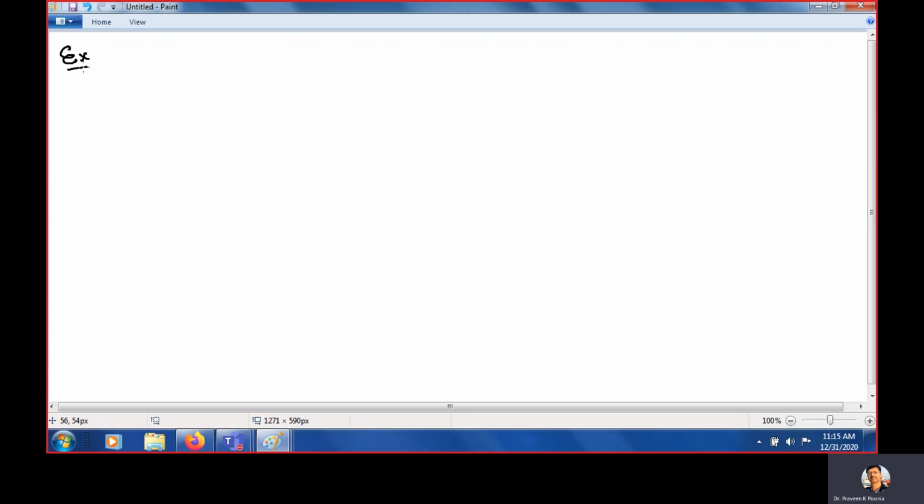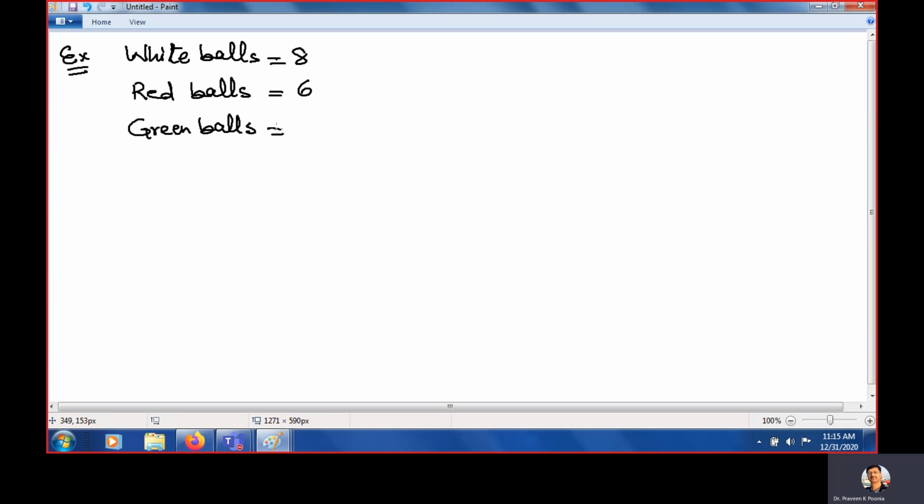So this is a very good example. There was a bag, and that bag contains 8 white balls, 6 red balls, and 4 green balls. This is question number 4.3.6 on page 94.